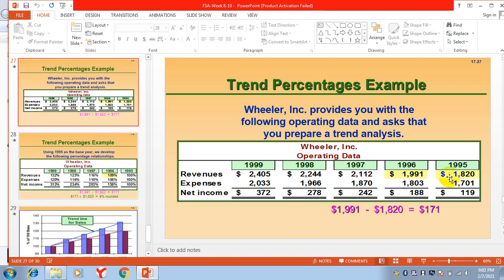Similarly, for this year's data, this minus this, you will check whether there is an increase or decrease. This minus this divided by this.